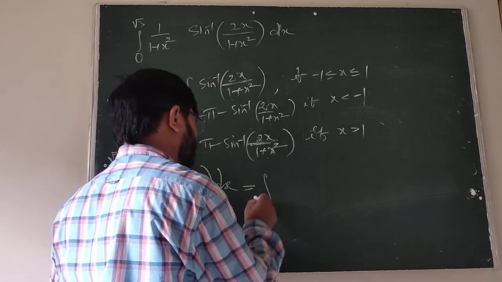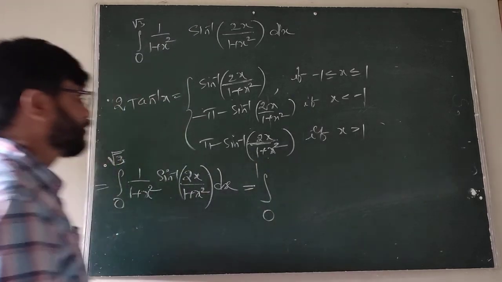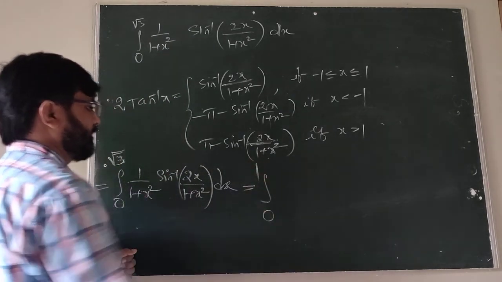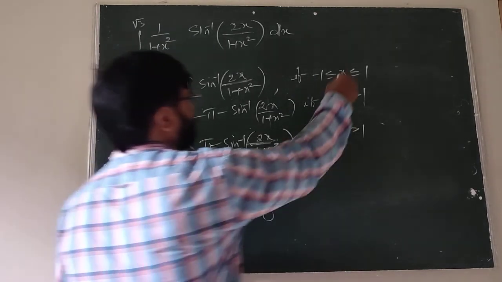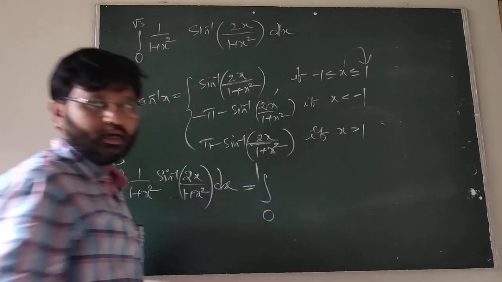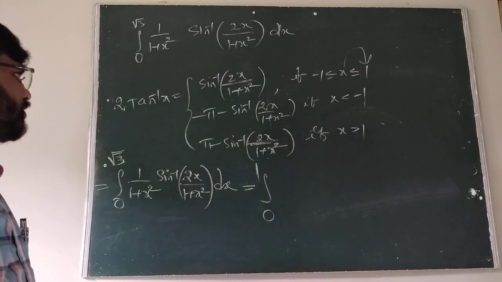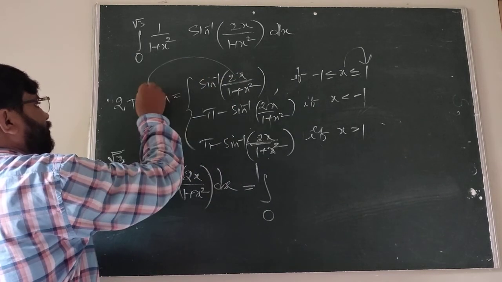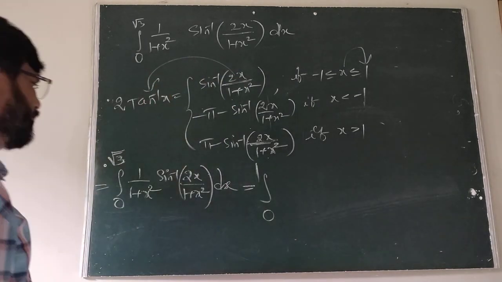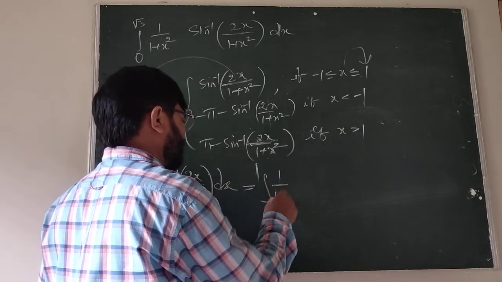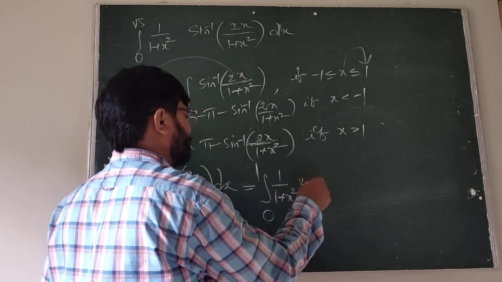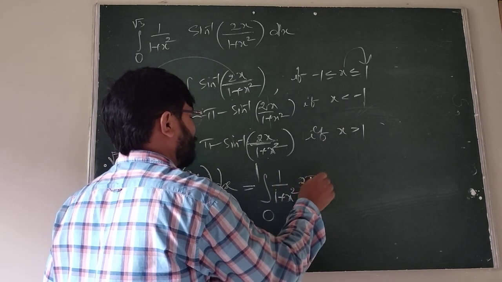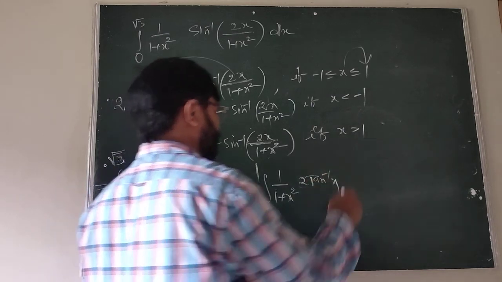First we take the integral from 0 to 1. When we are taking 0 to 1, directly we can take sin inverse of 2x by 1 plus x square as 2 tan inverse of x. So 1 by 1 plus x square into 2 tan inverse of x.